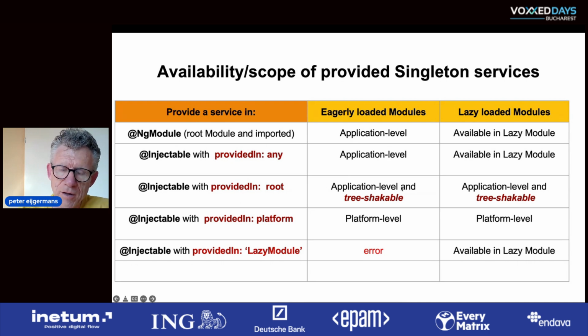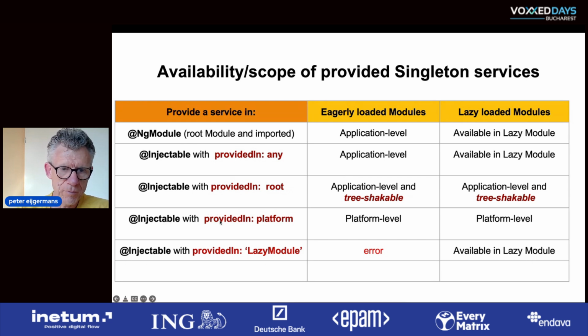Application-wide, it is available and you can use it, also for lazy loaded modules. And they are tree shakeable. So if the application does not use this service, in the final production bundle, it will be thrown out. It will be removed, this service.